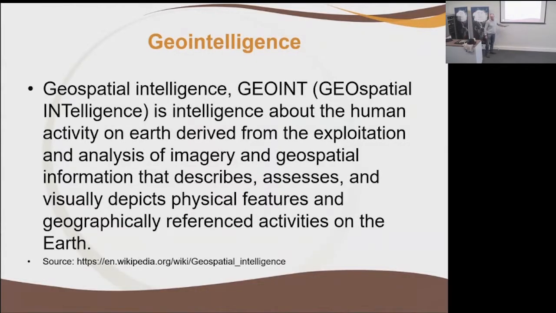It's also applied in the military. You're looking at your red and blue forces and so forth, trying to figure out what the enemy is going to do, trying to find the ammunition dumps and storage spaces. So geointelligence is actually wide, but my interest is again in crime.